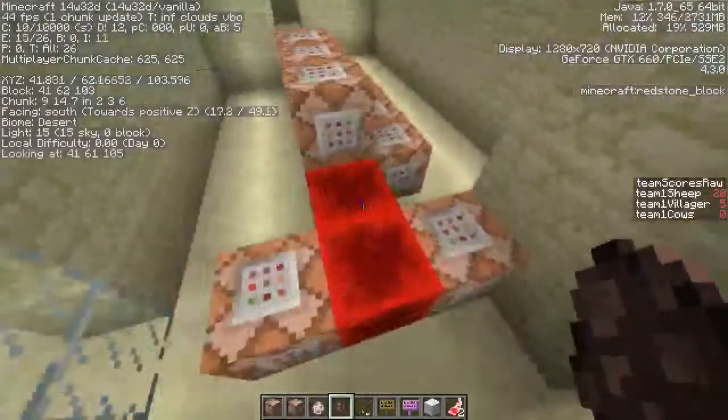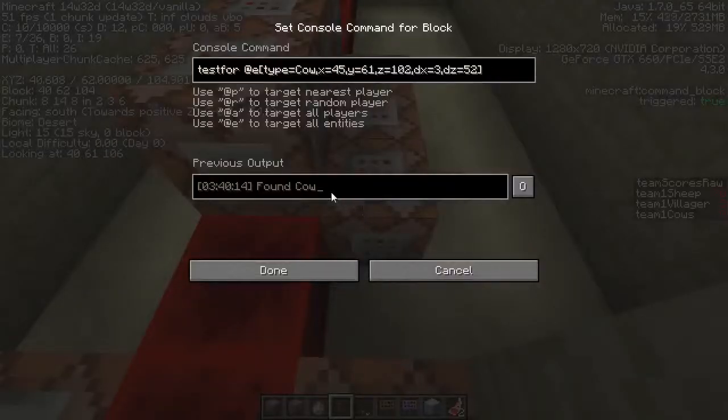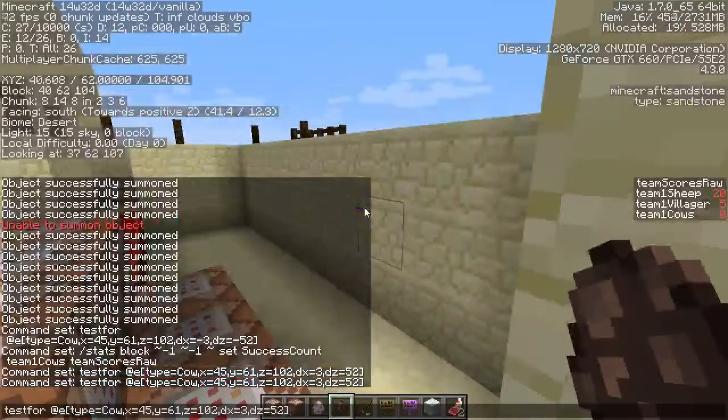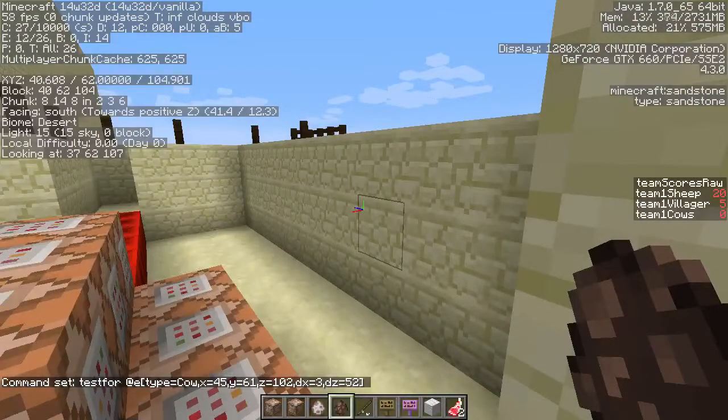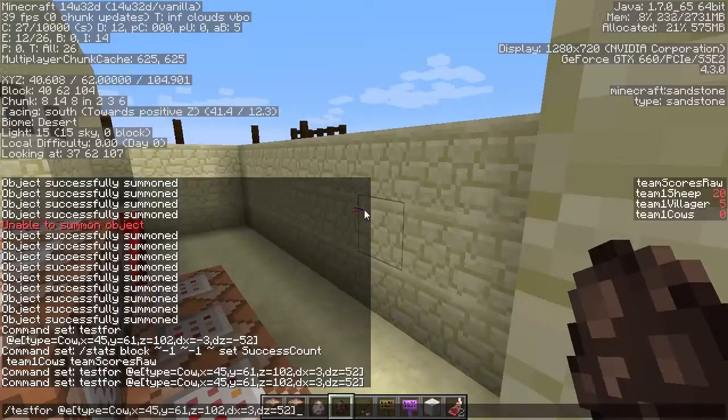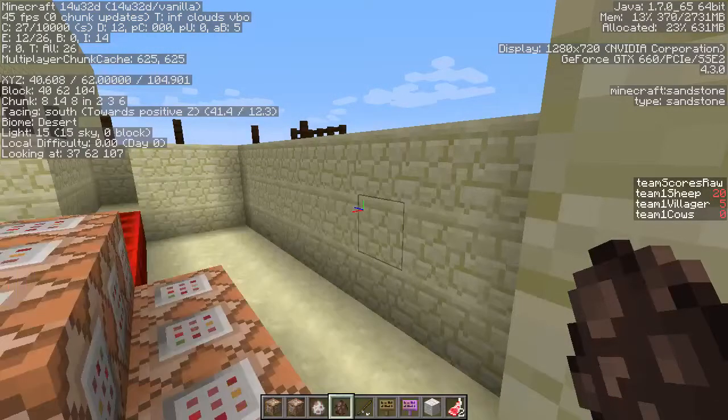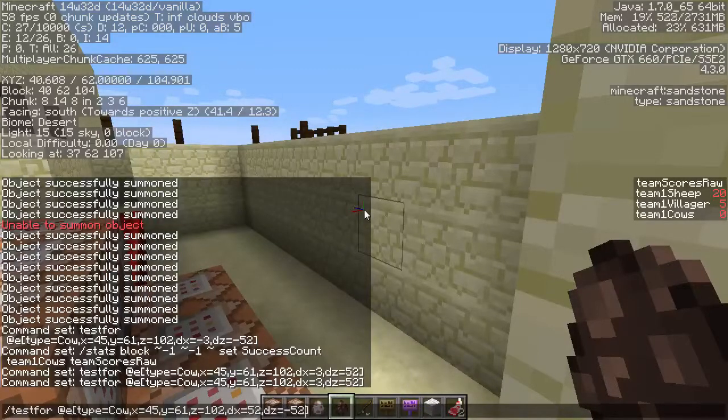At some point, but I figured it would have errored, right? But it says found cow. But then why?